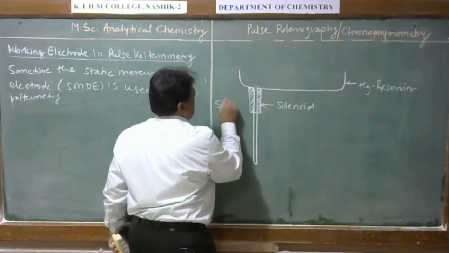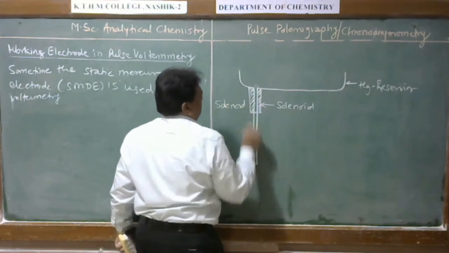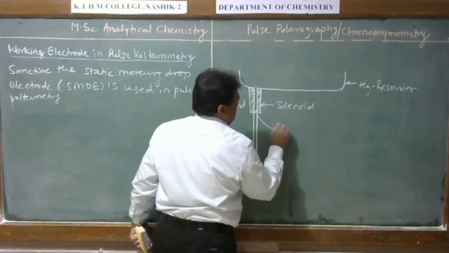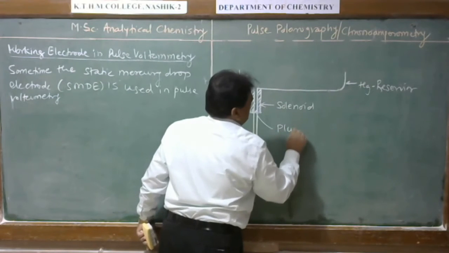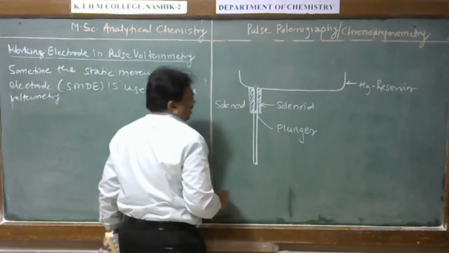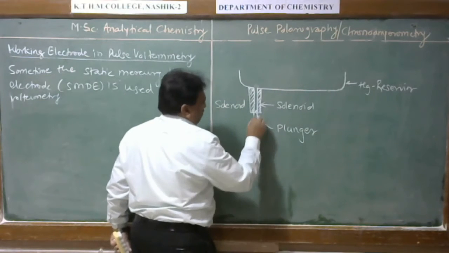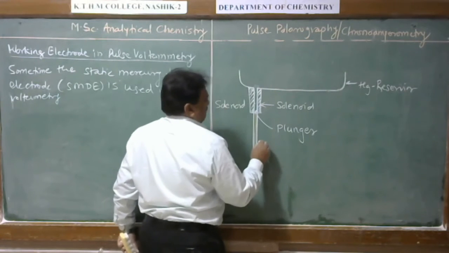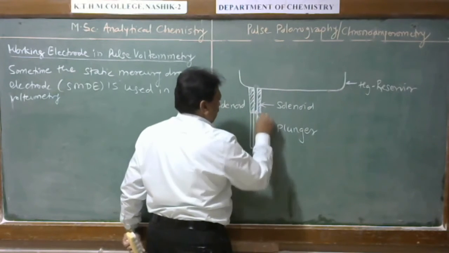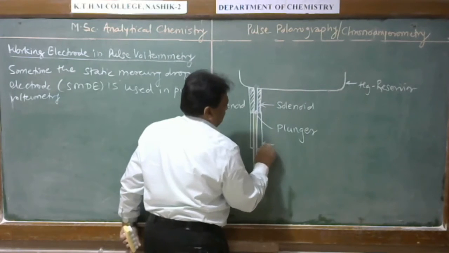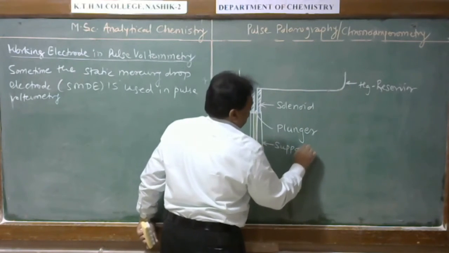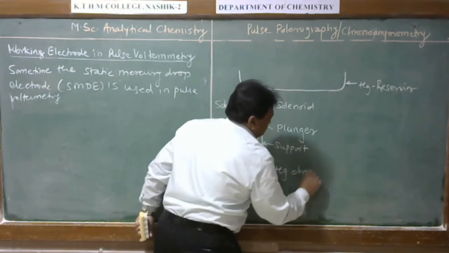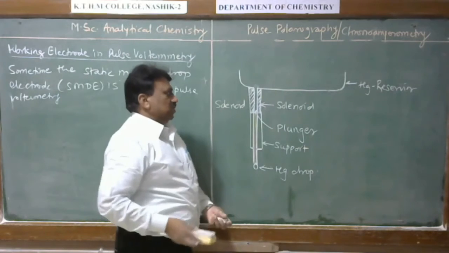Inside this solenoid there is a plunger that takes a specific amount of mercury and drops it through the capillary. This is a support for the capillary, and this is a mercury drop which acts as a site for a redox reaction.